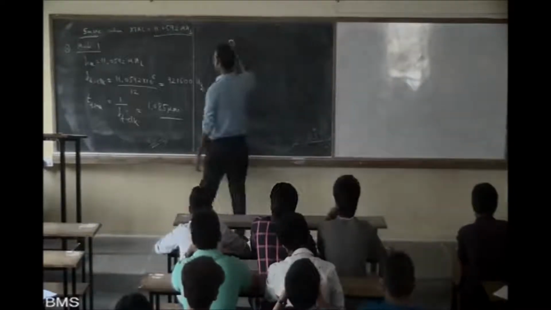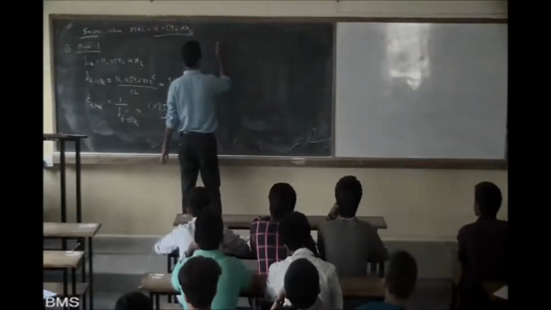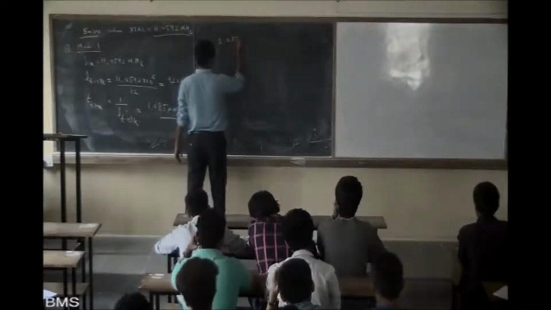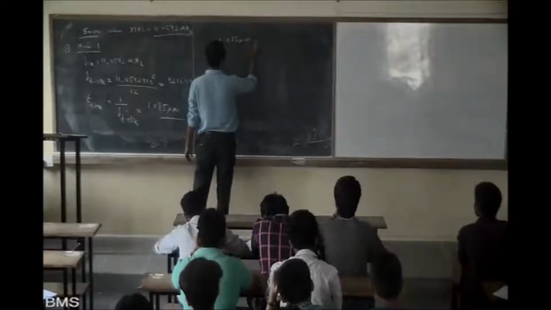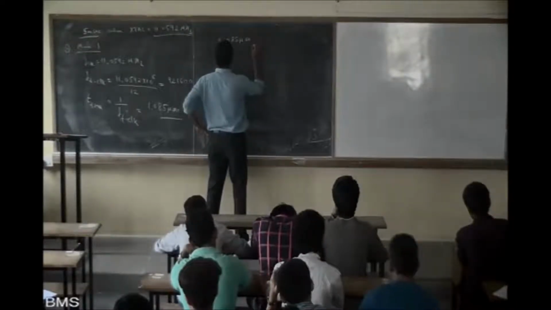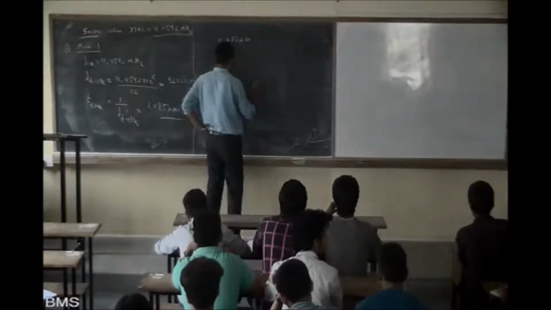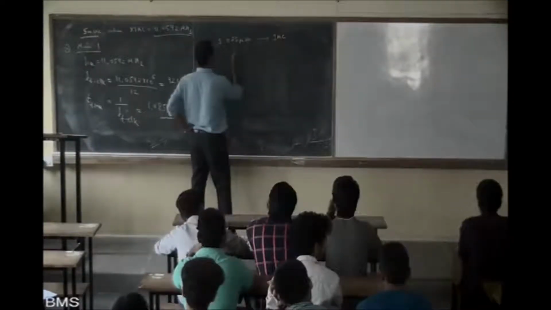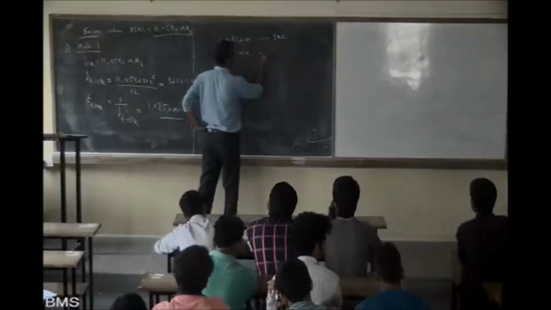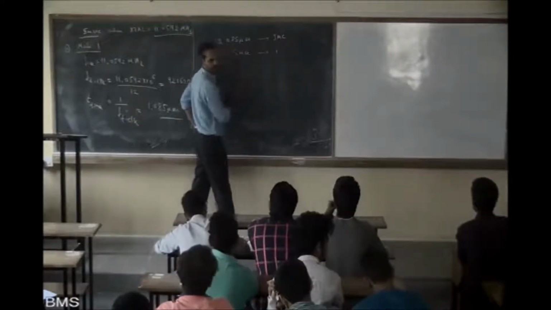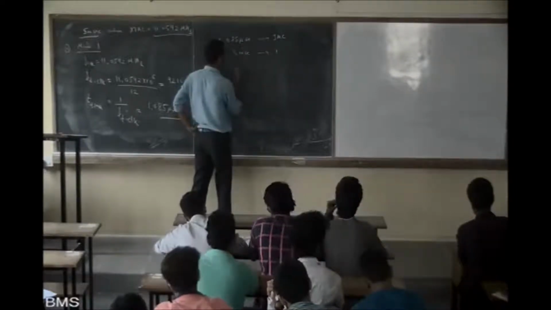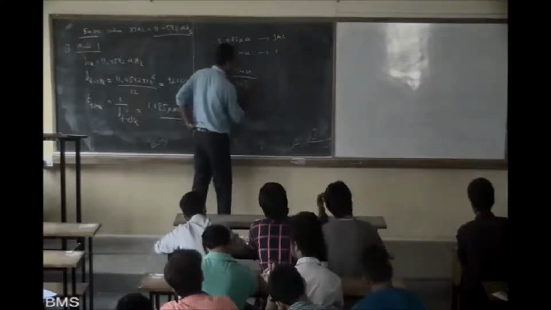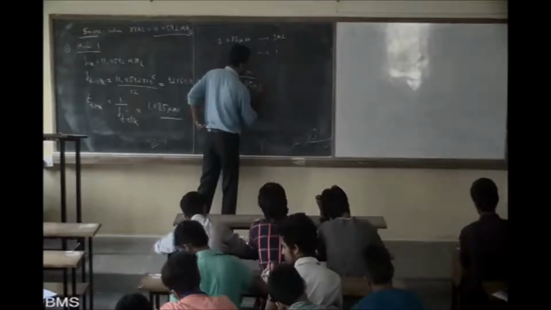Now what should I do? That's all. It is the basic thing that you do. So 5 milliseconds divided by 1.085 microseconds.